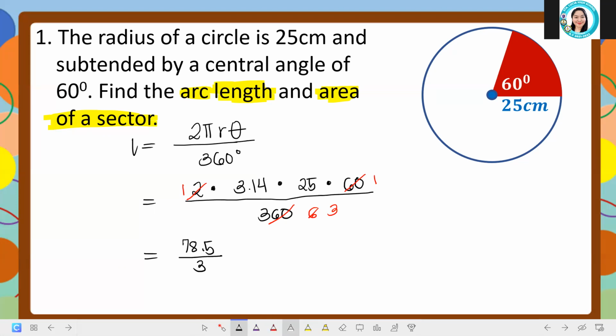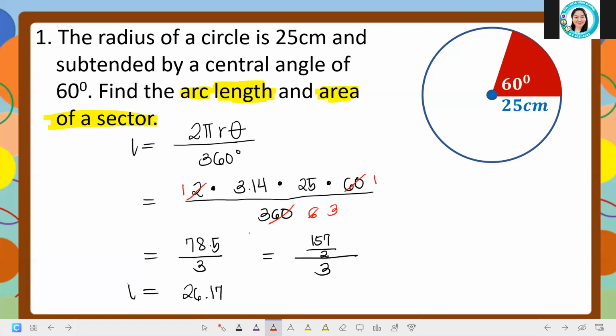So, doon na tayo sa 157 over 2. Pwede rin naman na 157 over 2 over 3. So, dito pwede na natin to kunin, tapos divide na lang natin sa 3. Of course, we will get 78.5 divided by 3, 26.17, and that is the arc length.